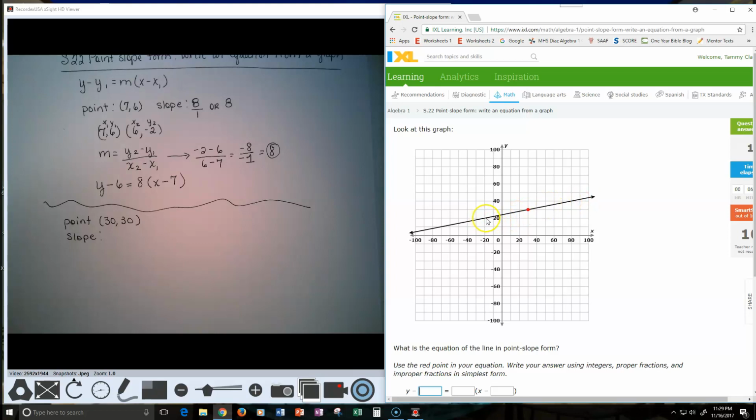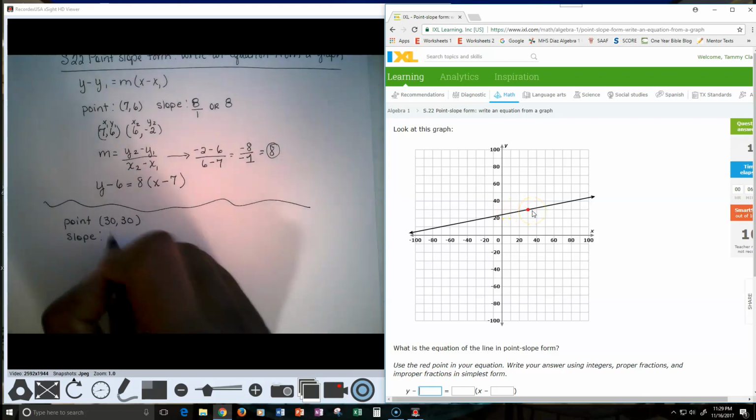This time I'm just going to start over here where I can find another place where the line crosses on the coordinate plane at an intersection. This looks good. So I'm going to start here. I'm going to go up 1 and then over. 1, 2, 3, 4, 5. So I would say our slope is 1 over 5.